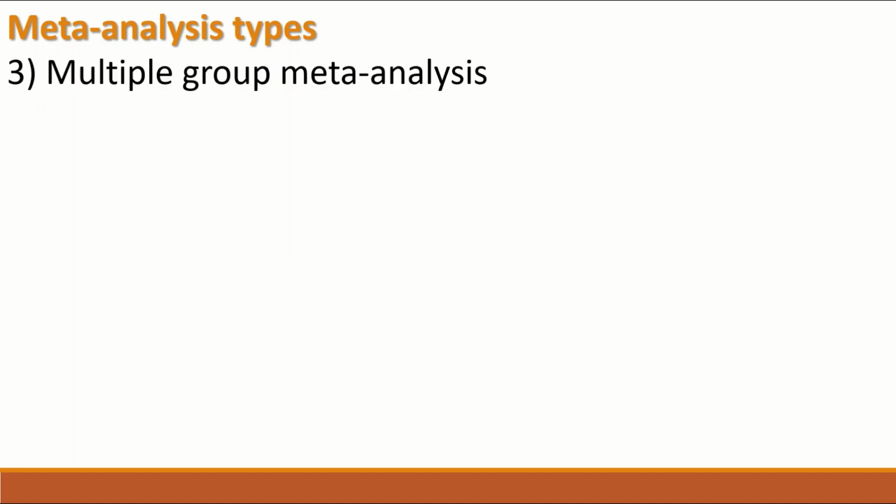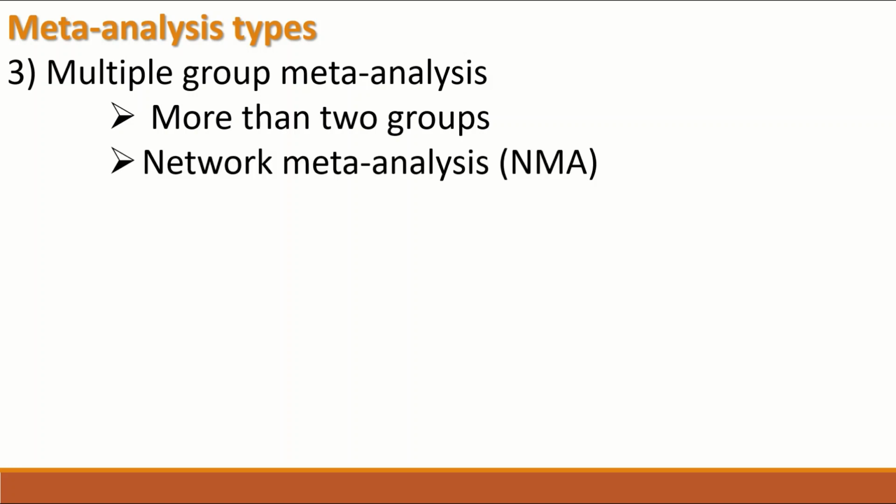And finally, the third type of meta-analysis is multiple group meta-analysis. This analysis is used when there are more than two groups, and it is called network meta-analysis.